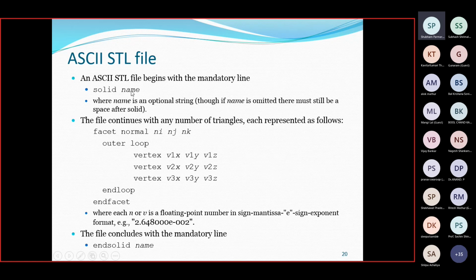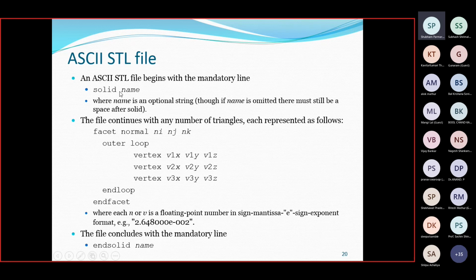This depends completely upon you; you can provide ABC or anything, but you should not remove the keyword solid. For example, solid human face: human face is the name, and solid is the keyword. Each ASCII STL file starts with solid and then a name, where the name is an optional string. You can omit it, but solid should be there.